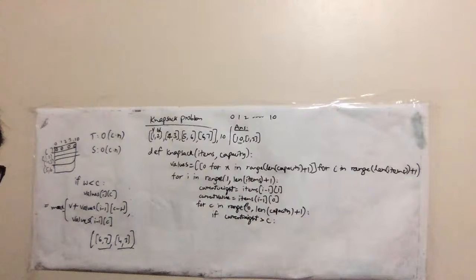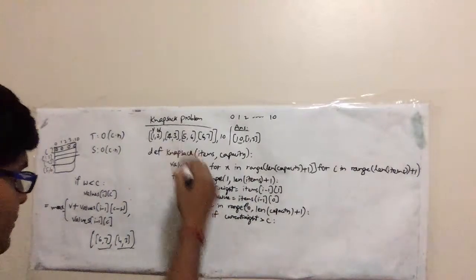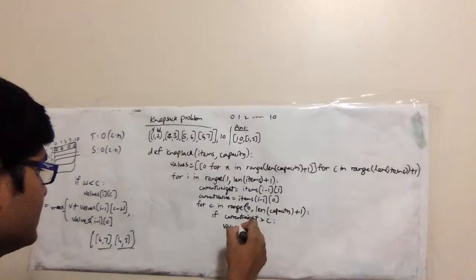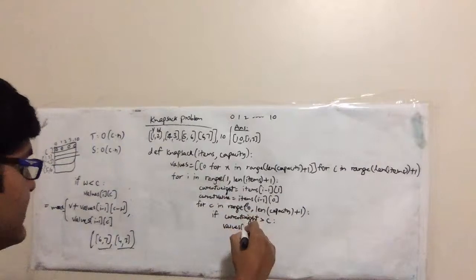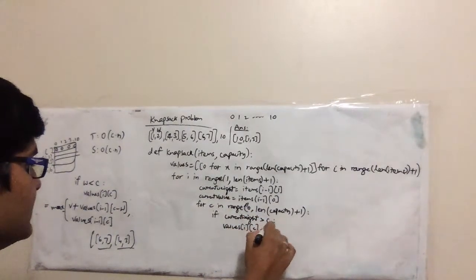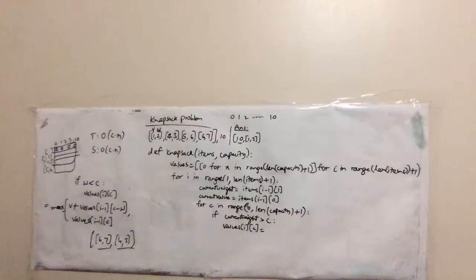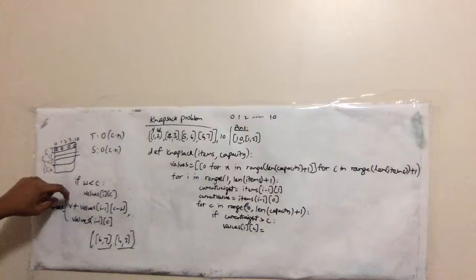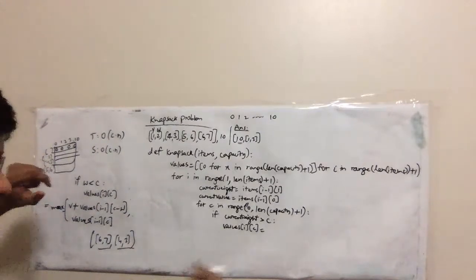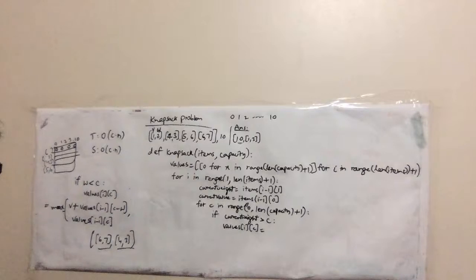So we can calculate the values here. So we have values of I comma C is equal to what we can keep here. If this is less than this, what we have talked, we can keep that item.